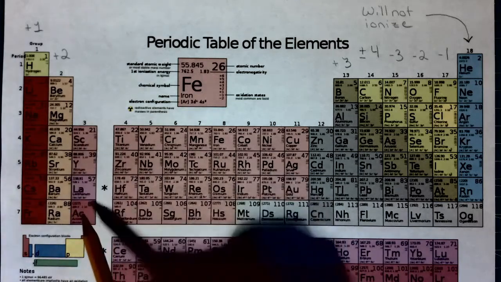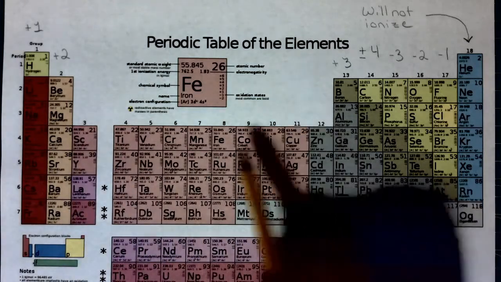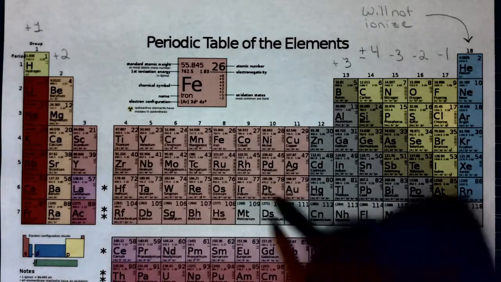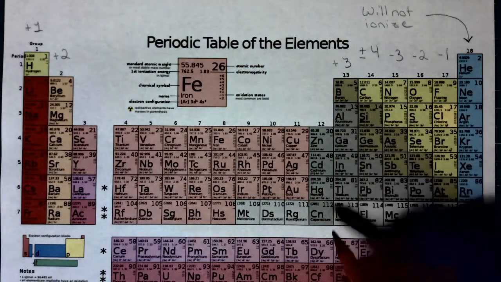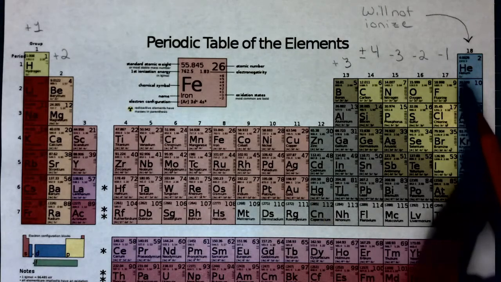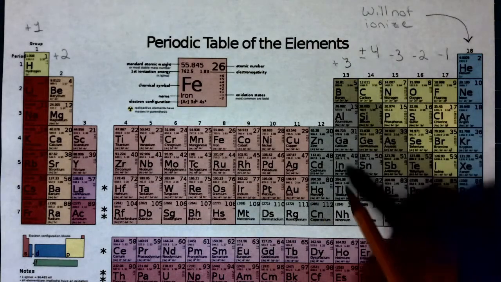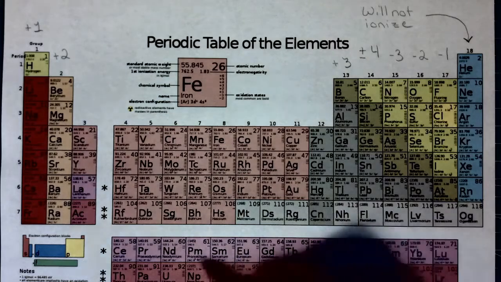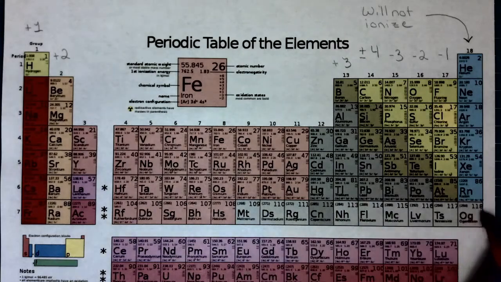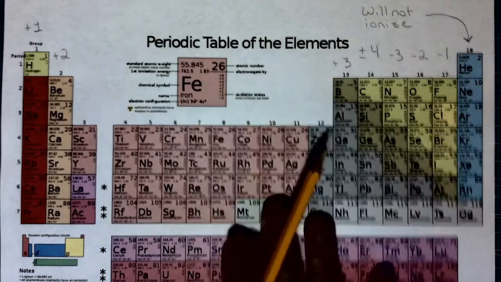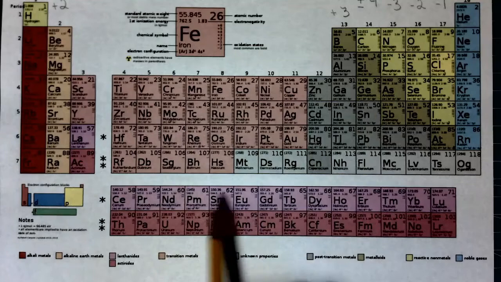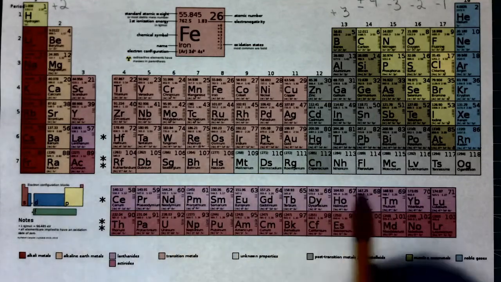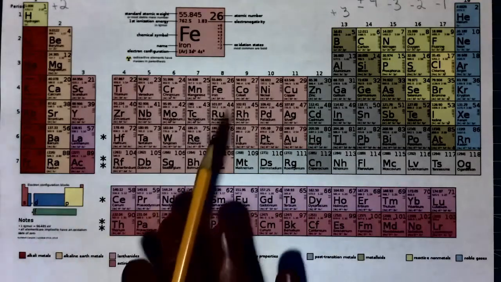This section here, the transition metals, those are our D block, where electrons are going to be added into D orbitals. This block over here is going to be our P block. That's going to actually include the noble gases as well. And then down here, the inner transition metals are our F block.